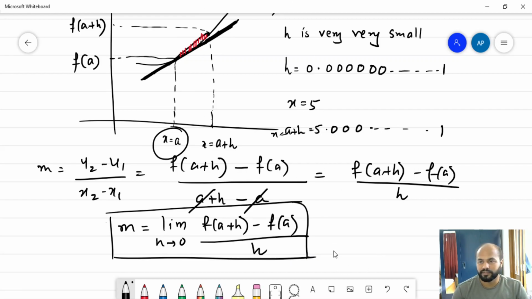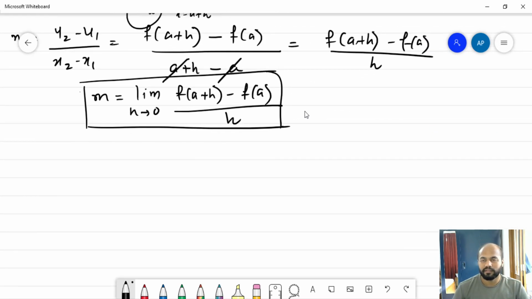And when this happens, we call this the derivative at this point. So the derivative of the function at this particular point would be given as this. It is also given as f dash of a. That is, derivative at x equals to a to the curve is this. This particular principle is called first principle.